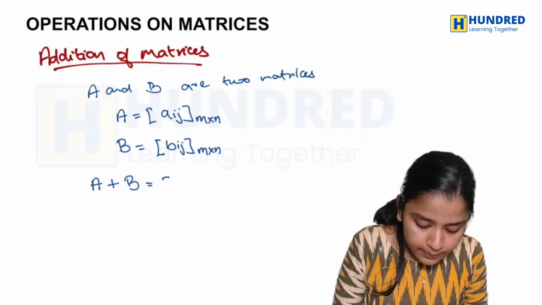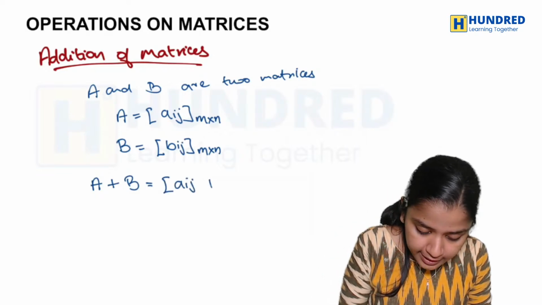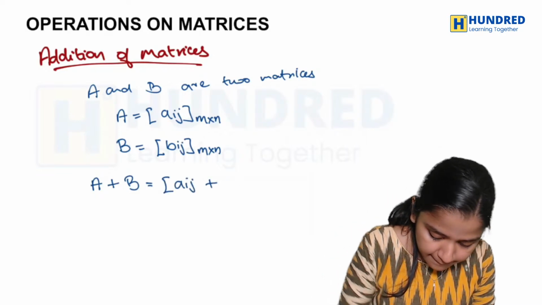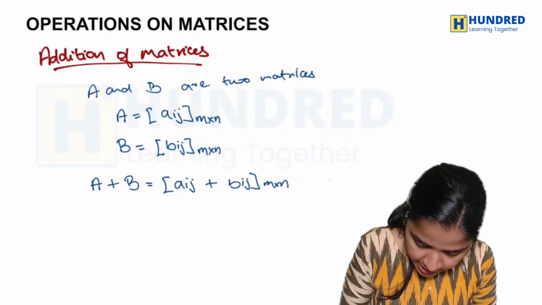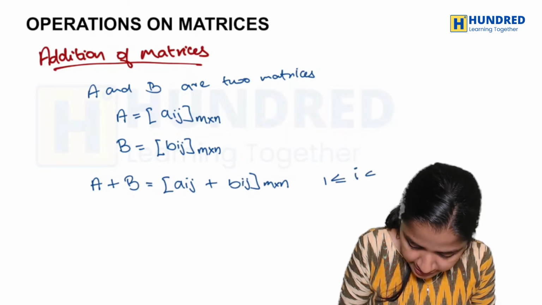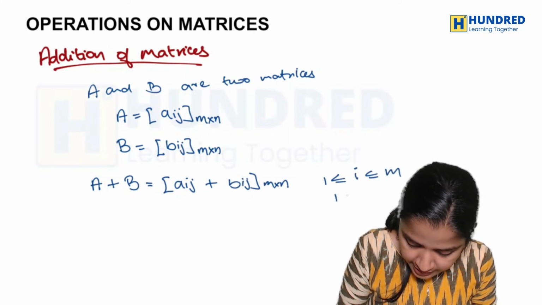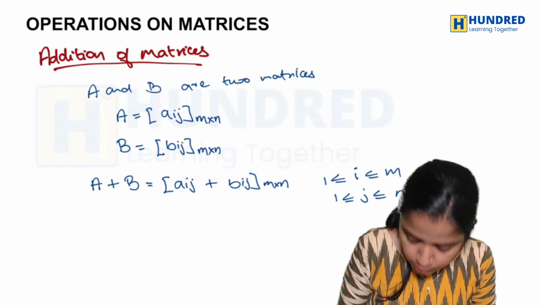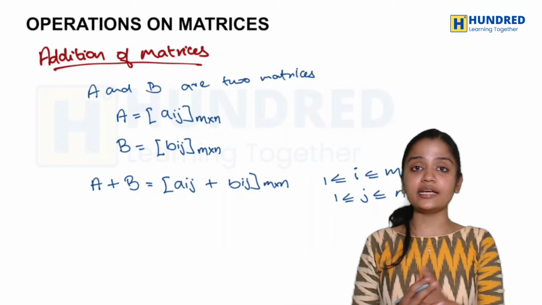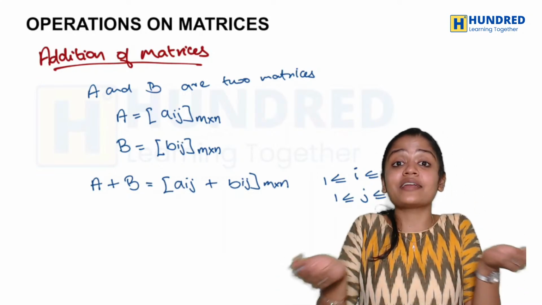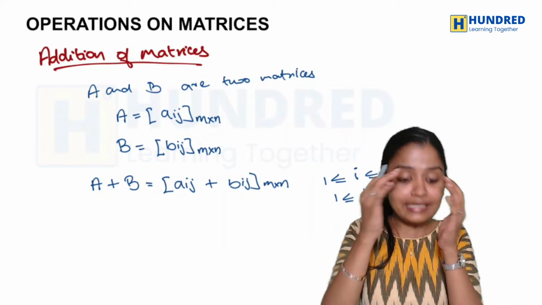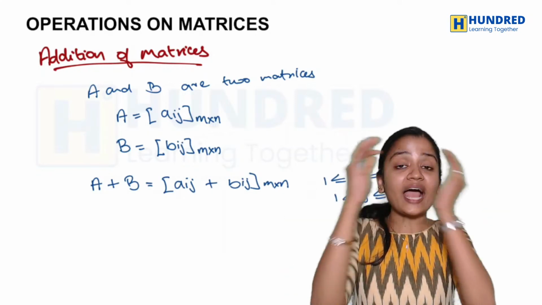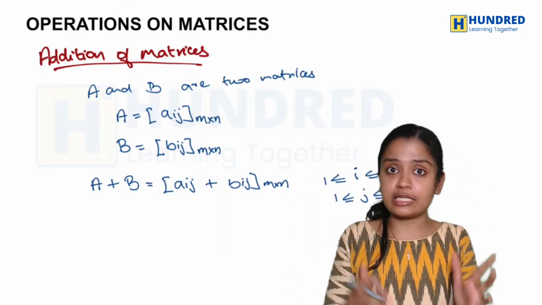So Bij is M cross N, where 1 less than or equal to i less than or equal to M, and 1 less than or equal to j less than or equal to N. You have to add the corresponding values of the matrices. I'll explain this clearly with the representation of matrices.